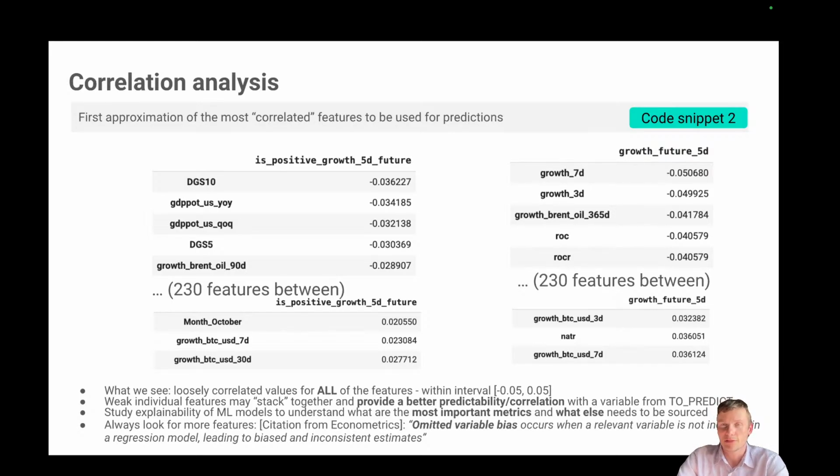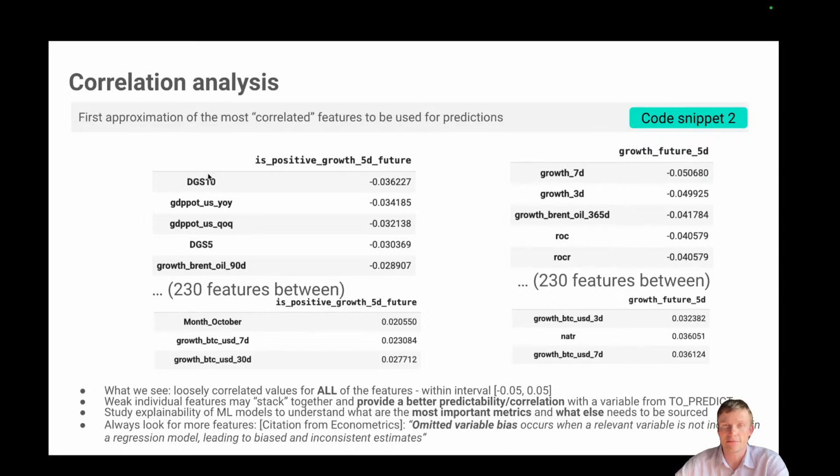It can change considerably in terms of feature importance, depending on the model you use, but I still believe that it should be your first step in understanding data relations. For example, here we have two columns. I truncated these columns, and I showed only the most negatively correlated and most positively correlated features.